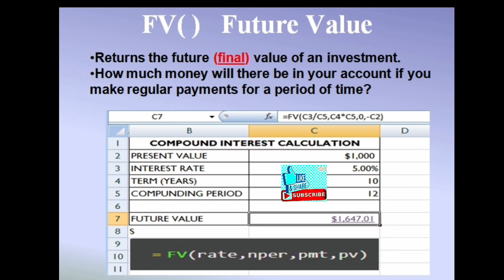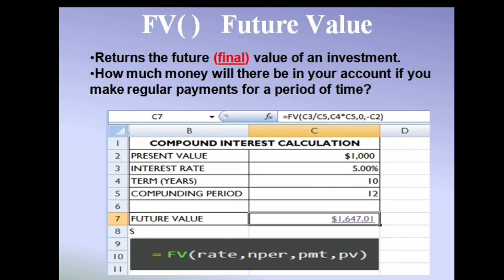Here, if you want to find out the future value, then your formula will be given here: equals FV in bracket rate of interest, then years multiplied by compound period, and 0 means we want to know the end value, and our present value is 1000.